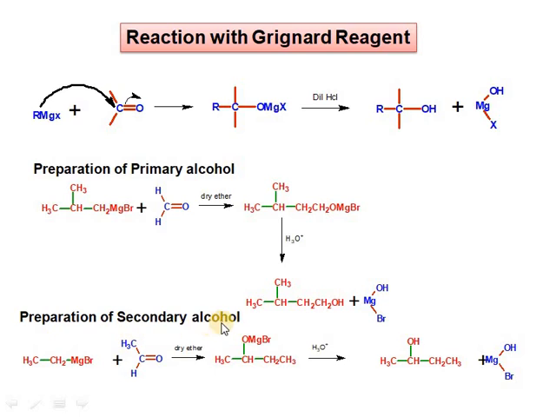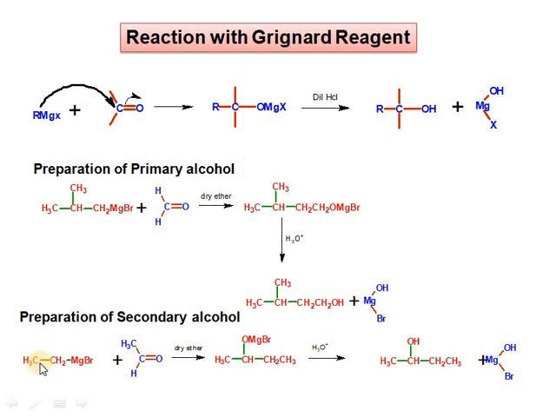Similarly, we prepare secondary alcohols, but in place of formaldehyde we use acetaldehyde, right? And the Grignard reagent CH3CH2MgBr we treat in dry ether, which is very important. Grignard reactions are carried out only in dry conditions.